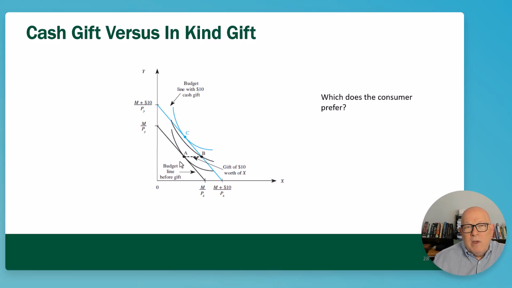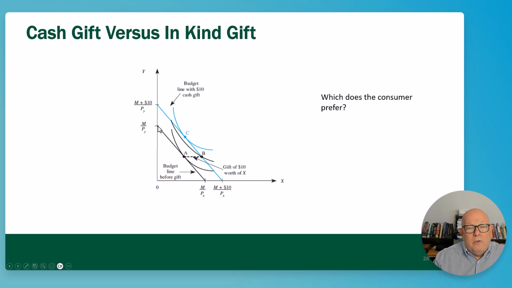But what if instead of giving them cash, you offer them $10 worth of X? As a marketing campaign, you could just give everybody cash, which they may not spend on your product, or you could give them $10 in your product. So what does that do?